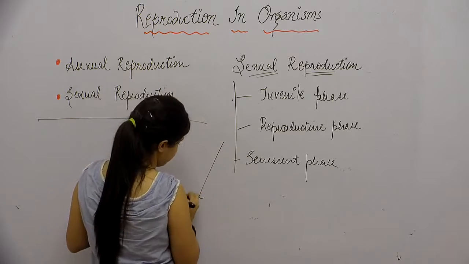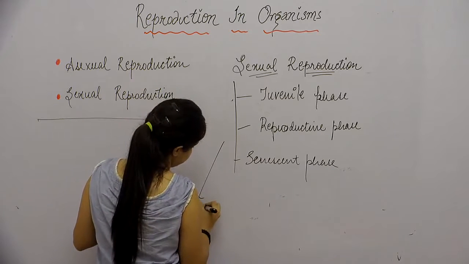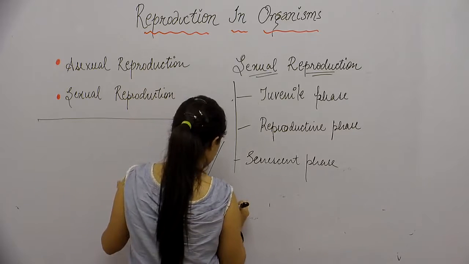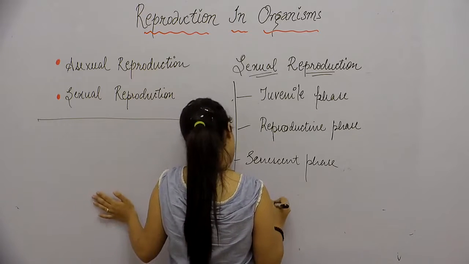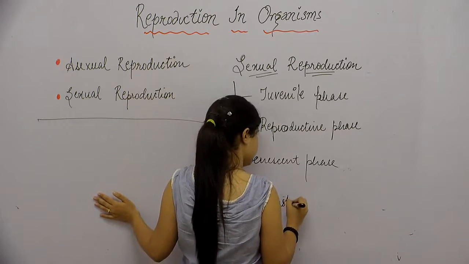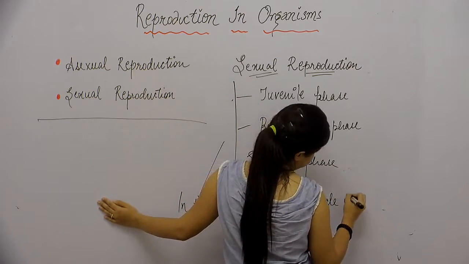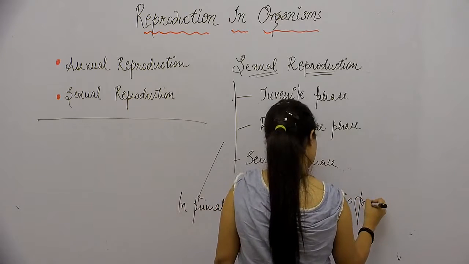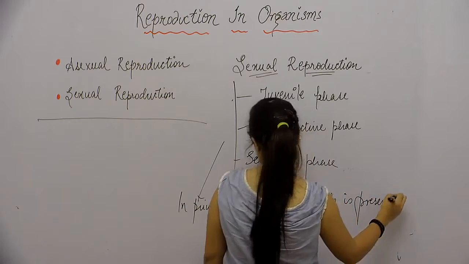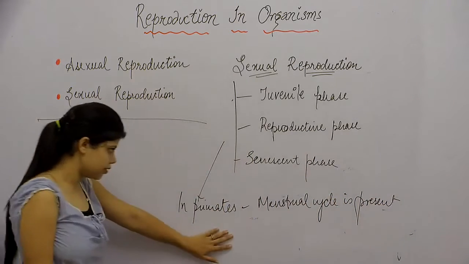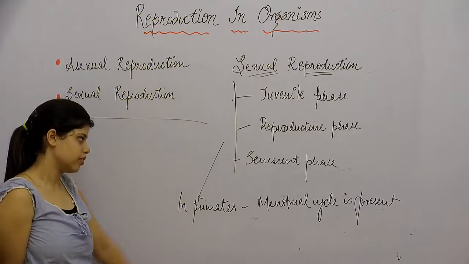So in primates, menstrual cycle is present. Primates include apes, humans, monkeys, okay?